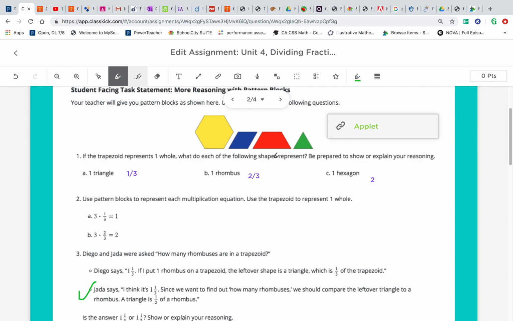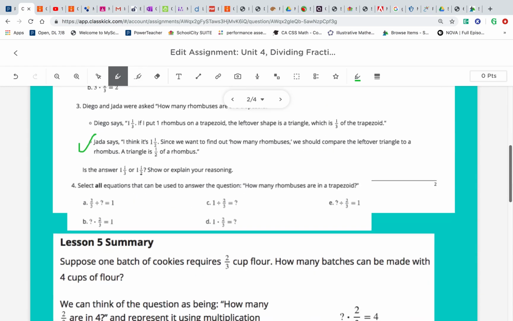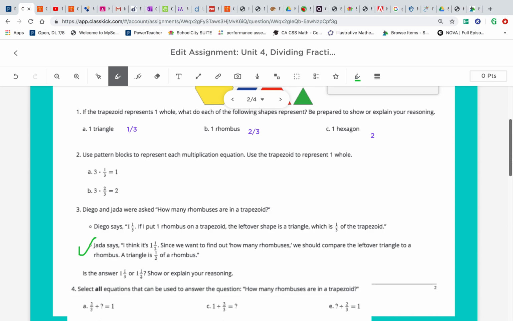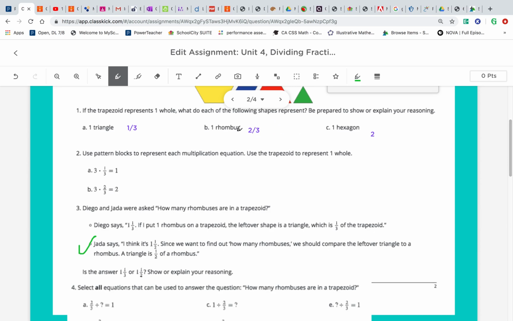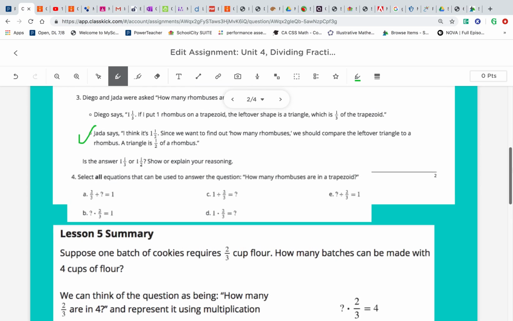So that means we're going to be taking the trapezoid and dividing it into pieces that are that size. So we're taking the 1 whole trapezoid and dividing it into the pieces that are 2/3 each. Okay, so that's what that means.